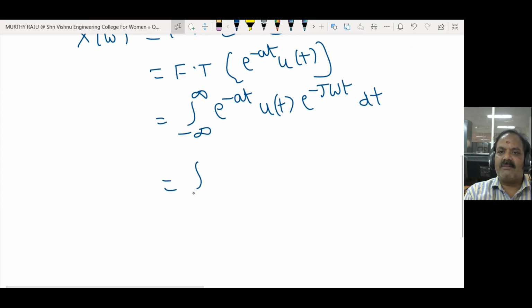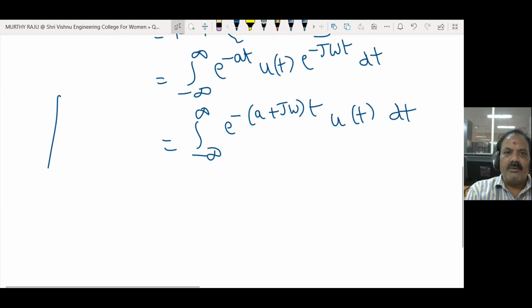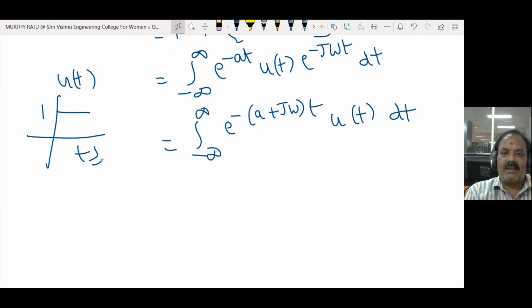That is equal to integral from minus infinity to plus infinity of e power minus a plus j omega t u of t dt. The unit step function value is 1 for t greater than or equal to 0.